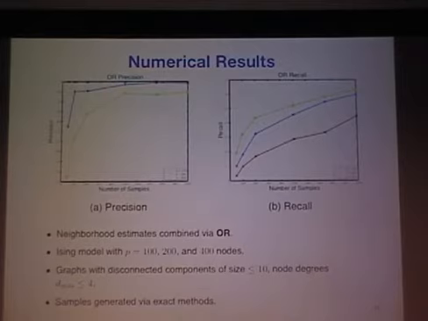It seems like these accuracies should be dependent on the temperature. There's no temperature. I missed when you put up the equation for the Ising model, but there's certainly a scale parameter which affects the degree of correlation between nodes that are connected with respect to the ones that aren't connected.